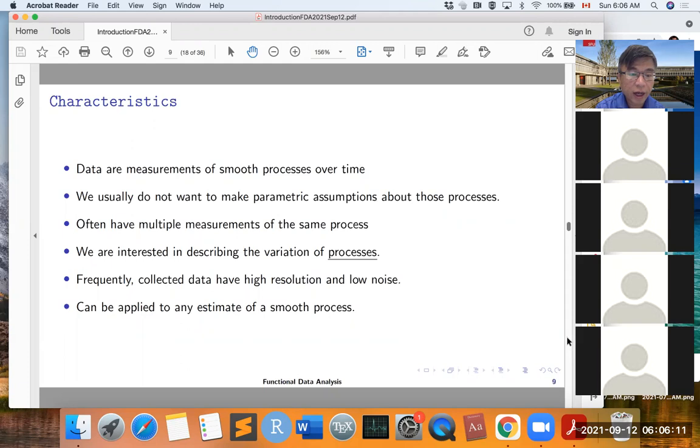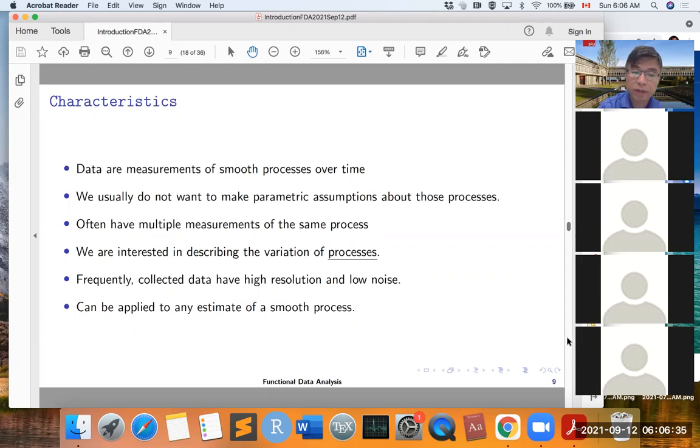Here is a summary of the characteristics of functional data analysis. Basically, functional data are measurements of a smooth process over time, or some other spatial location, or some other continuum. We don't make any parametric assumption on this process.